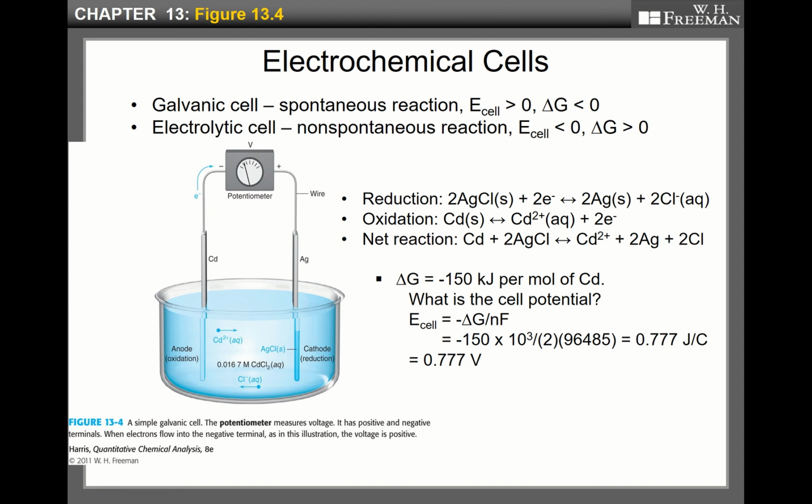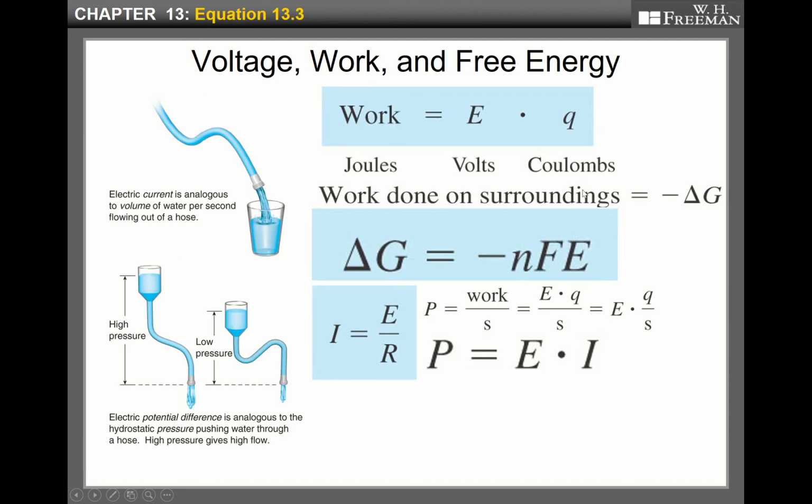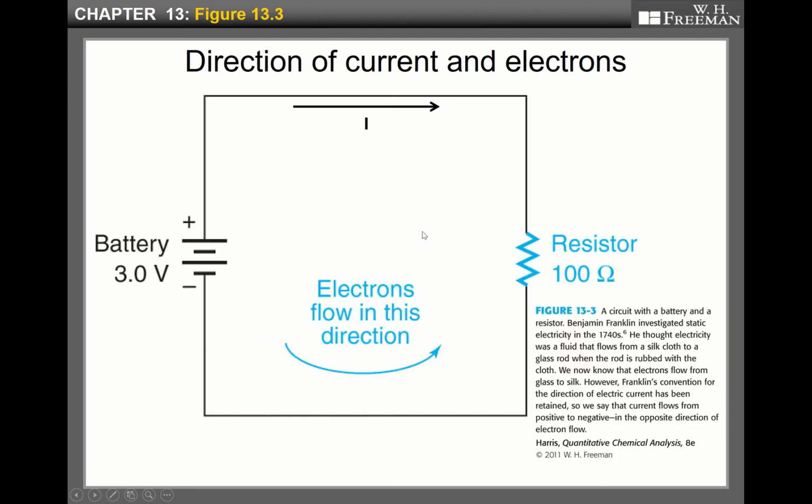In an open circuit, although the spontaneous reaction could take place, no current is there. Since this is a spontaneous reaction, the electrochemical cell potential is larger than zero. In other words, the Gibbs free energy change is smaller than zero. If this is positive, delta G must be negative.